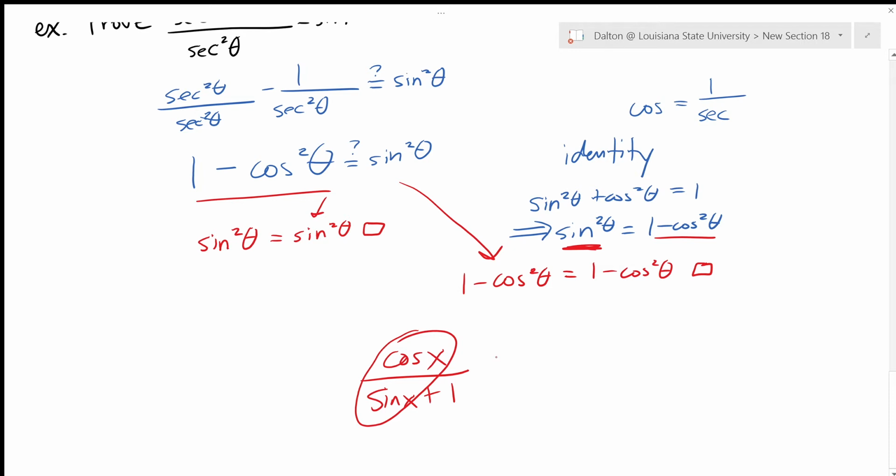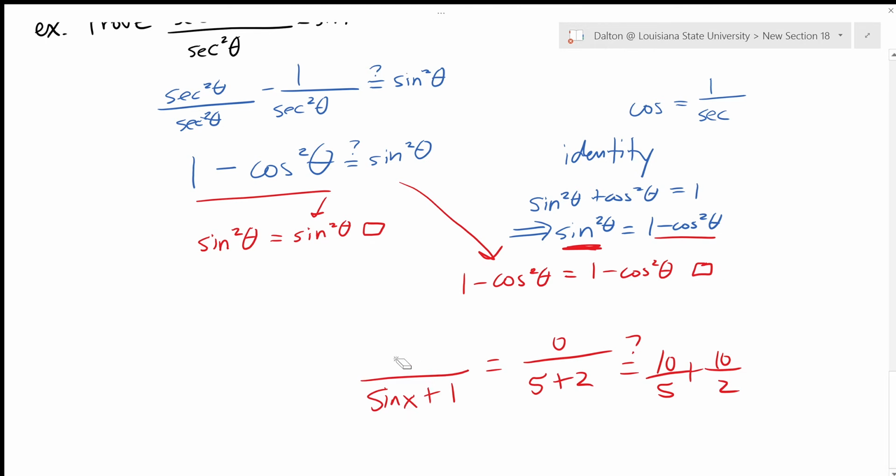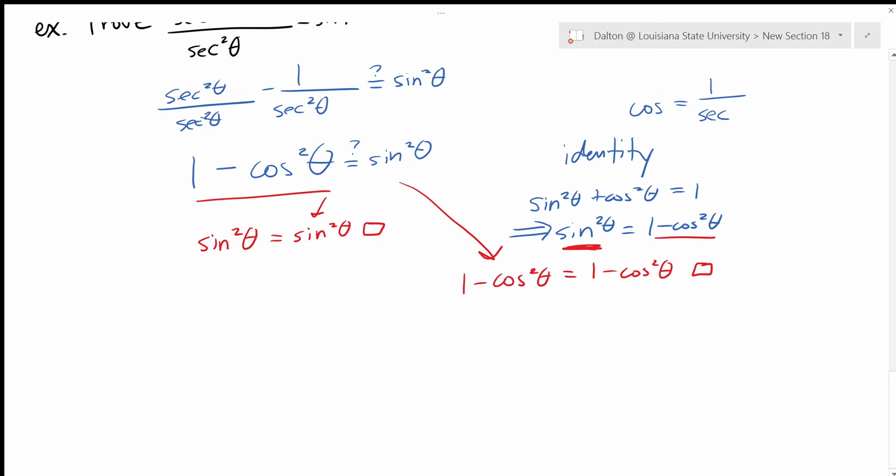Like, ask yourself, if I had 10 over 5 plus 2, is this the same thing as doing 10 over 5 plus 10 over 2? So that route wouldn't work, but something else definitely would have. And if we have time, we might even get to that particular question.